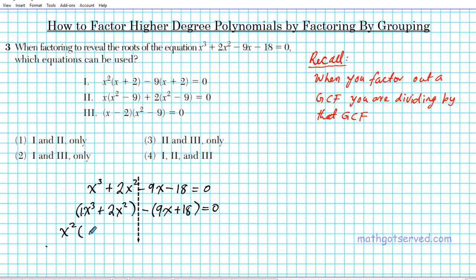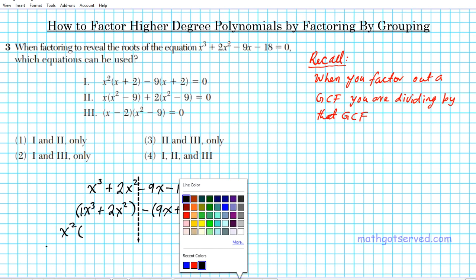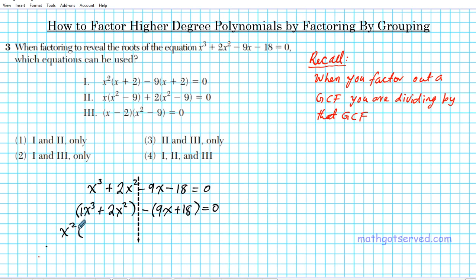What does it mean to factor out x squared? It means we're going to divide these 2 by x squared. When you divide x to the third by x squared, the power is reduced by the power of the term you factored out. So this will be reduced by 2 and we're left with 1. And this one is reduced by 2, so the power is going to be 0, and anything raised to the 0th power other than 0 is 1.